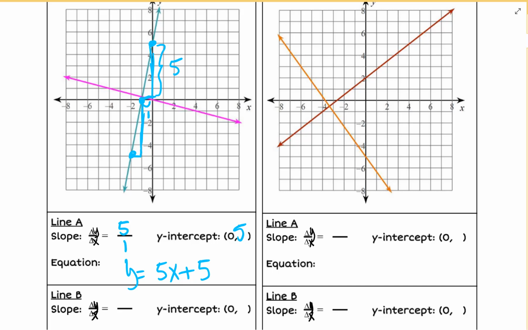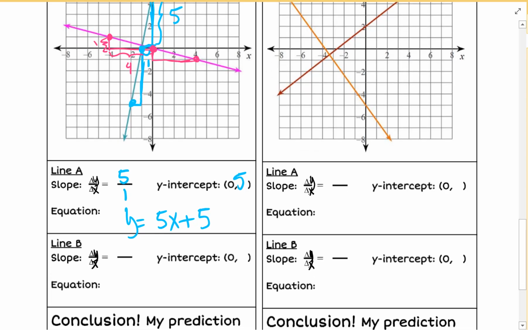Let's try this one. It looks like our y-intercept is at 0, 0, and I think I can find another point here. To test if that truly is the triangle, let's look over here and see if, okay, there is another point. Yep. This delta y is 1, delta x is 4. This line is decreasing as we look left to right.